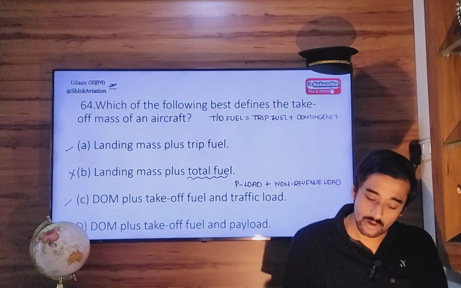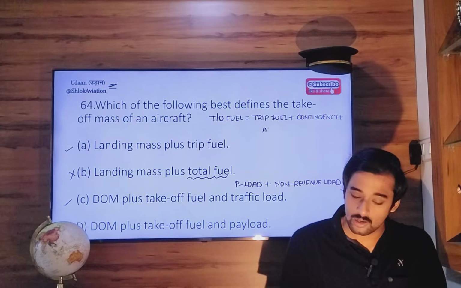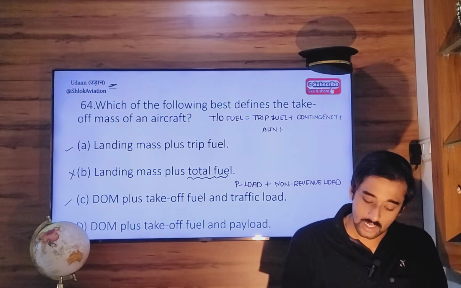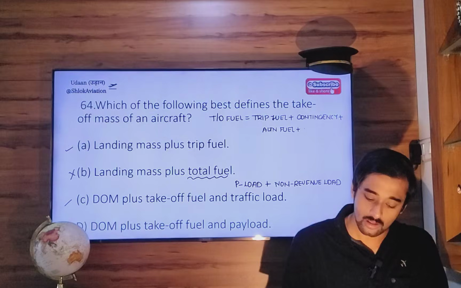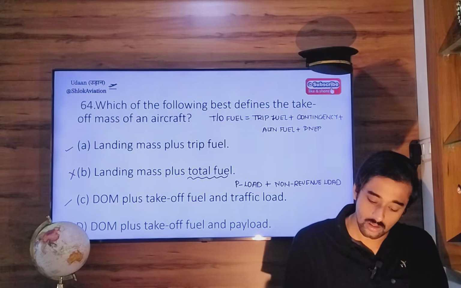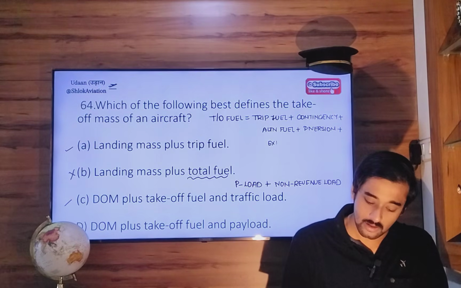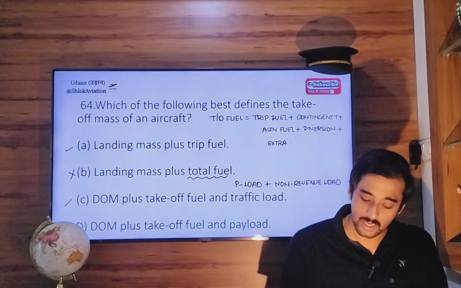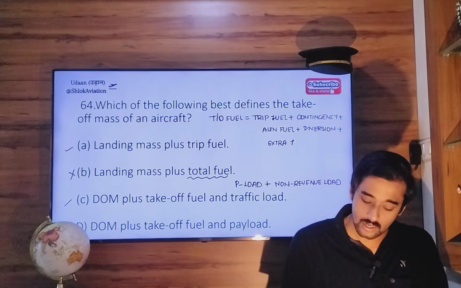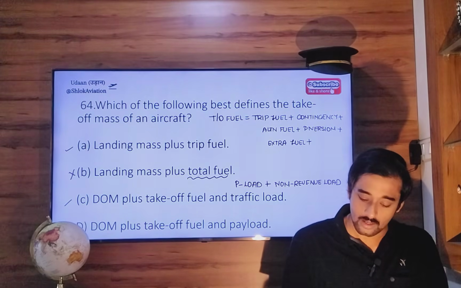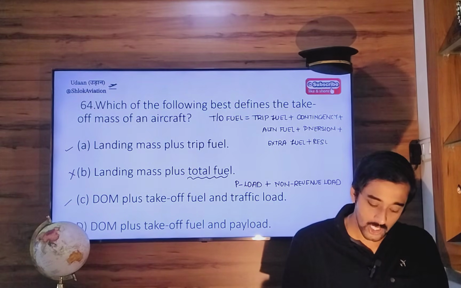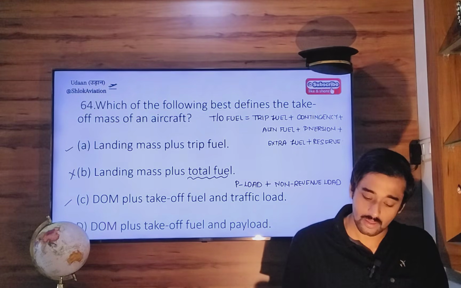It will also include alternate fuel, diversion fuel, some extra fuel if preferred by the captain of aircraft, right? Reserve fuel. So that's why option alpha is not the appropriate one.